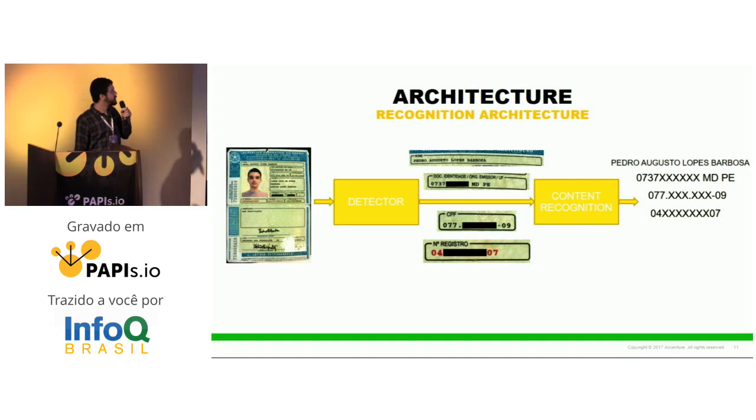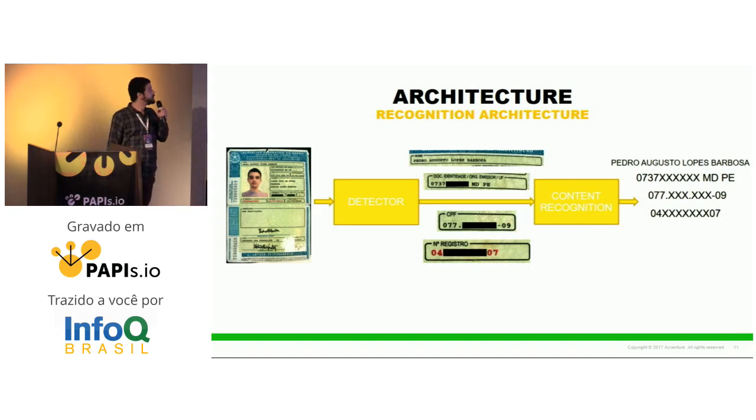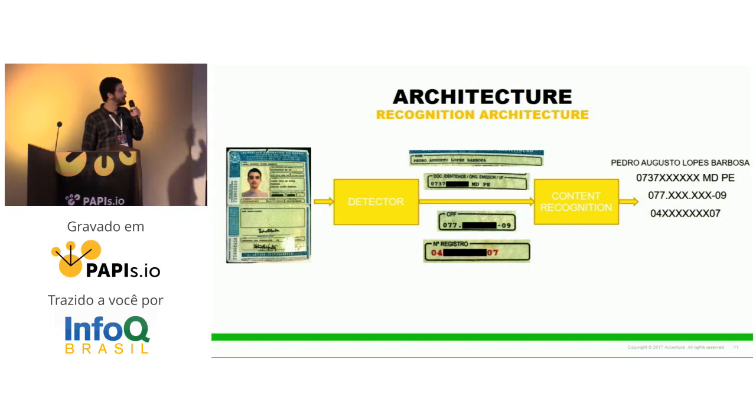So this is my driver license to illustrate this architecture. There are two main components. The first one is a detector module where we find the fields we are interested in.